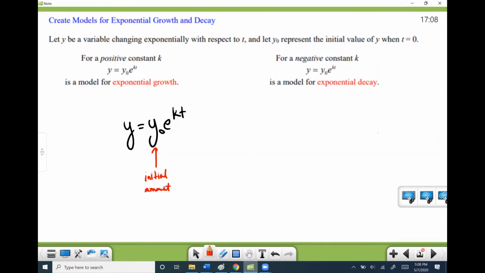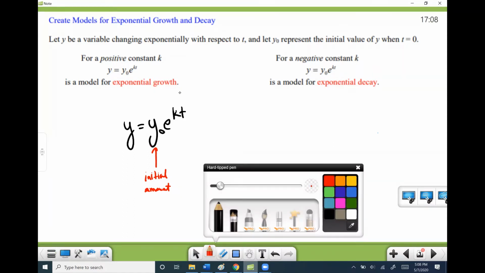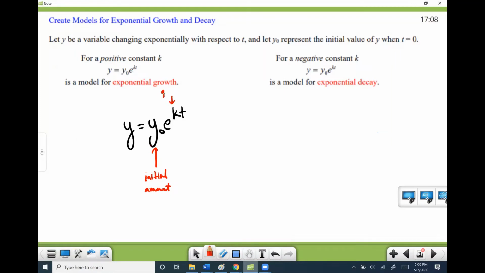Okay, when we did that population of Mexico problem, we put the initial amount of the population of Mexico. I can't remember, I think it was 2010. Right here. Okay, so you're always going to put the initial amount right there. K is going to be the growth rate, or the growth constant. Okay, we know T is the time, right?